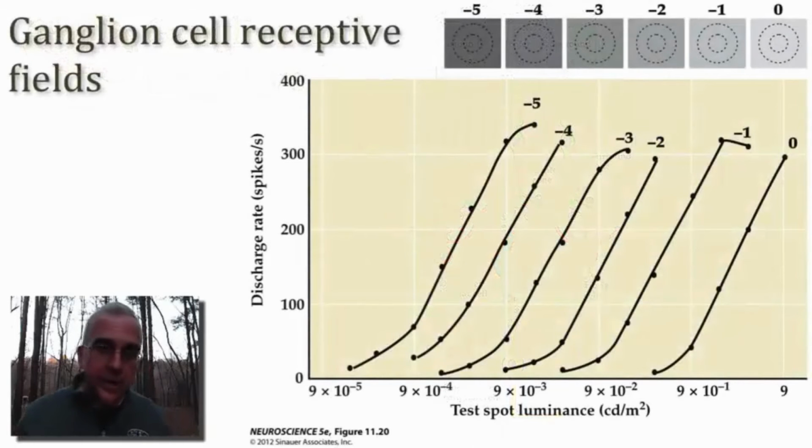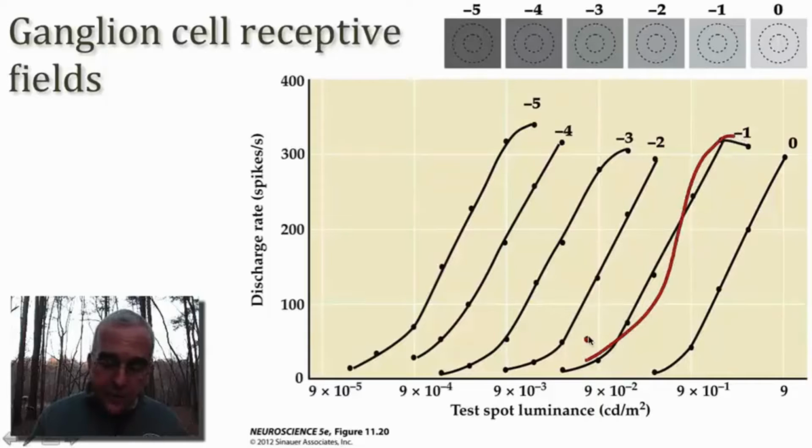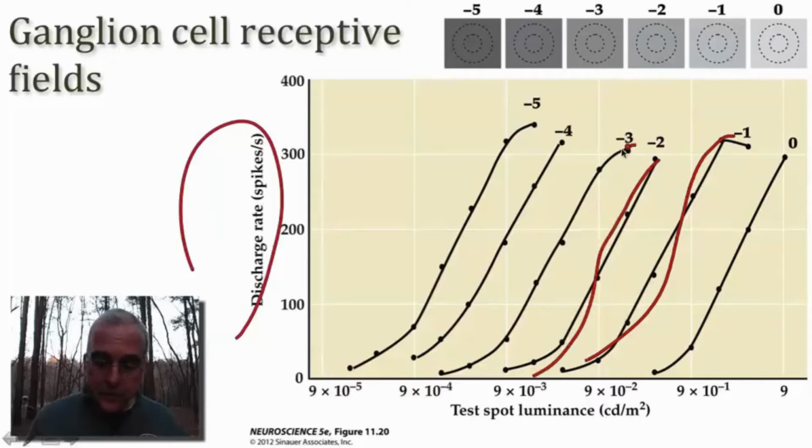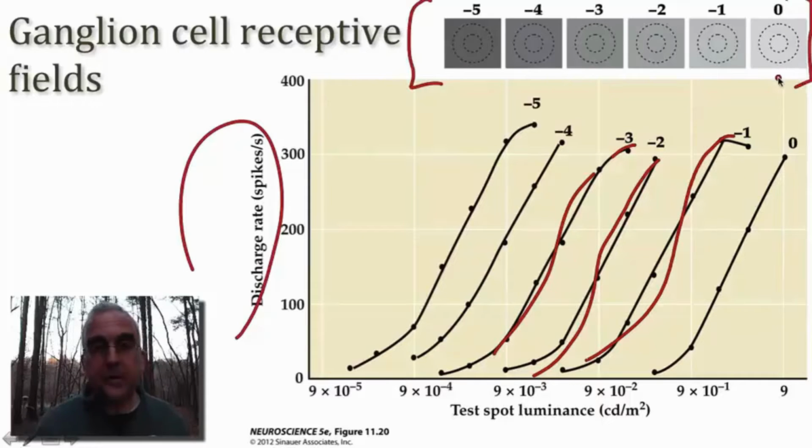What we're looking at here is a plot that illustrates the dynamic range of the response of a ganglion cell, and each of these lines represents the discharge rate of a ganglion cell over some range of test spot illumination in the center. The different lines correspond to these different amounts of background illumination.